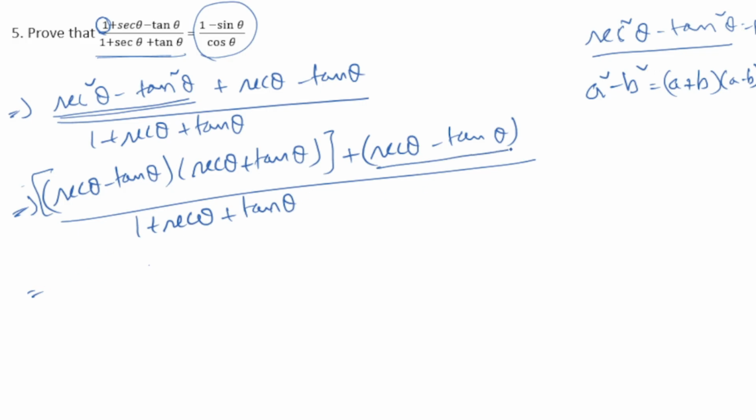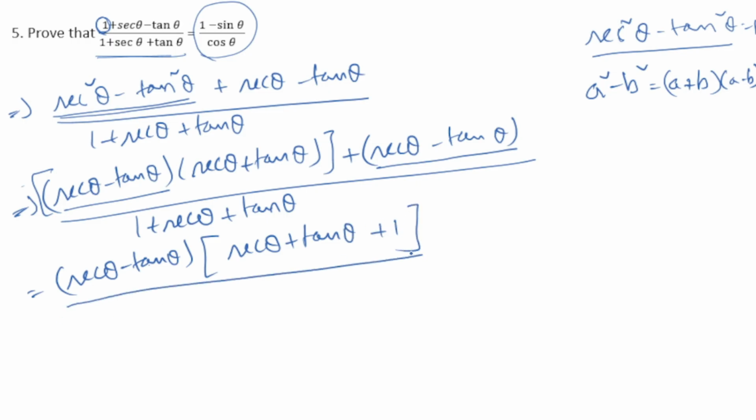Here we'll take secant theta minus tan theta common. We'll get secant theta minus tan theta into secant theta plus tan theta plus 1, divided by 1 plus secant theta plus tan theta. See, 1 plus secant theta plus tan theta will be cancelled. Here we'll get secant theta minus tan theta.